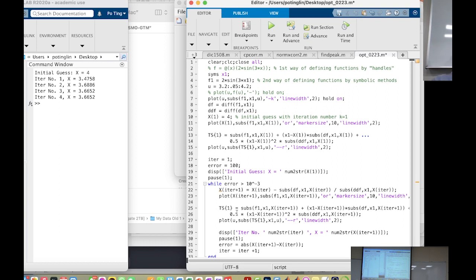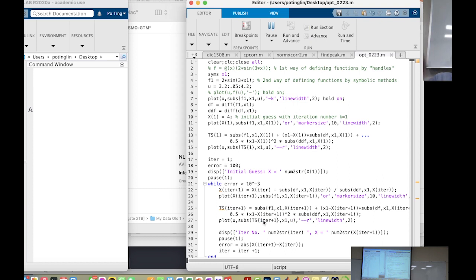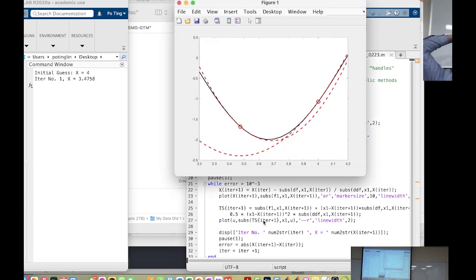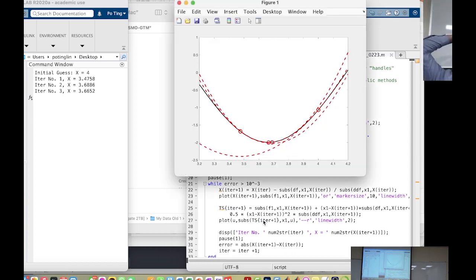Should be good. Oh, here. Iter plus 1, yes. Okay. Did you see how the expansion is getting closer and closer to the shape of the original function? As it's approaching the optimal, it's getting closer and closer.